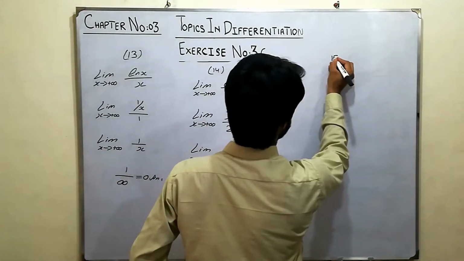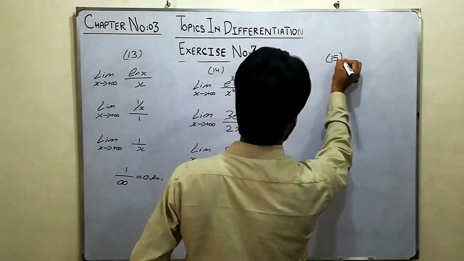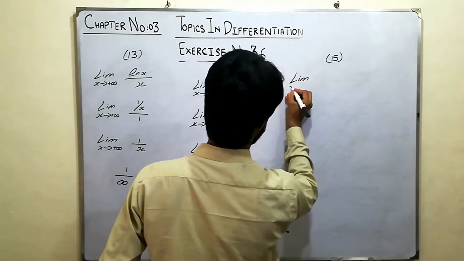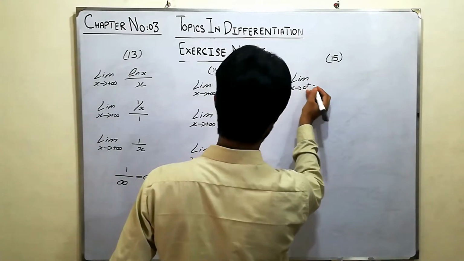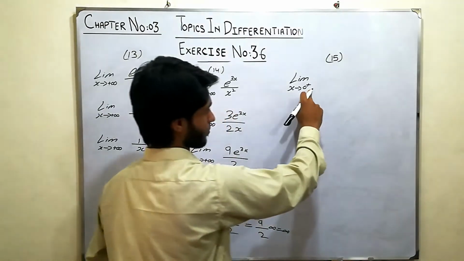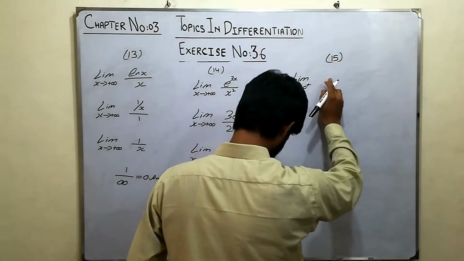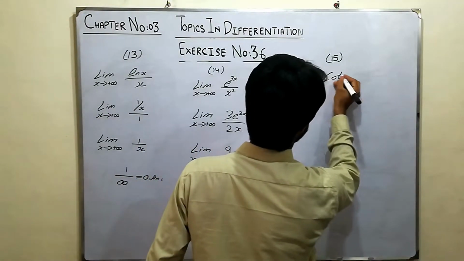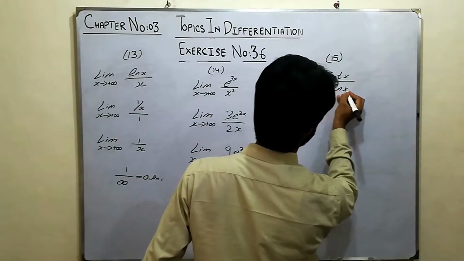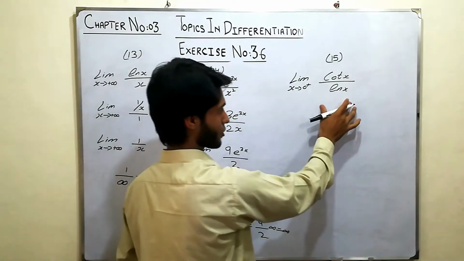Now question number 15: limit as x approaches 0 from the right, this sign is for the right-hand limit, of cot x divided by ln x. If we put the limit in that function, we have the form infinity by infinity.